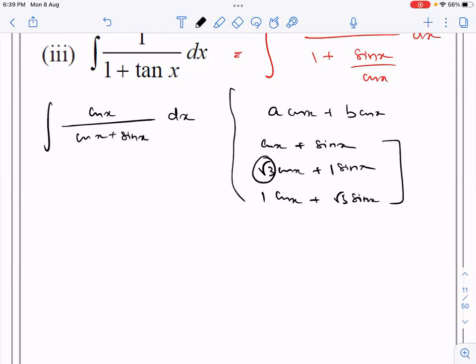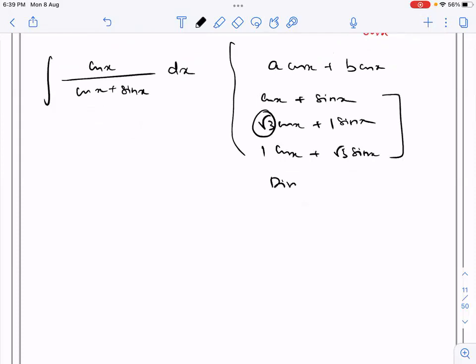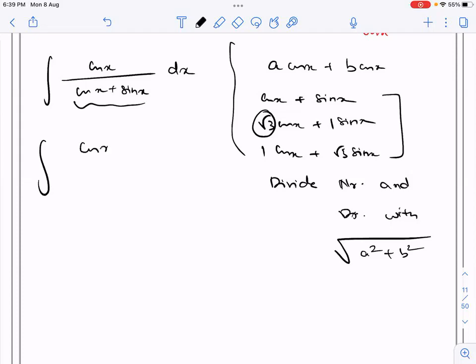In these kinds of problems, what you're supposed to do is divide the numerator and denominator by root of a squared plus b squared. This is a very important idea. Whenever you find this kind of pattern, and I'm able to find it in the denominator, where the coefficients are 1 and 1, if I divide by root of a squared plus b squared, what will I get?